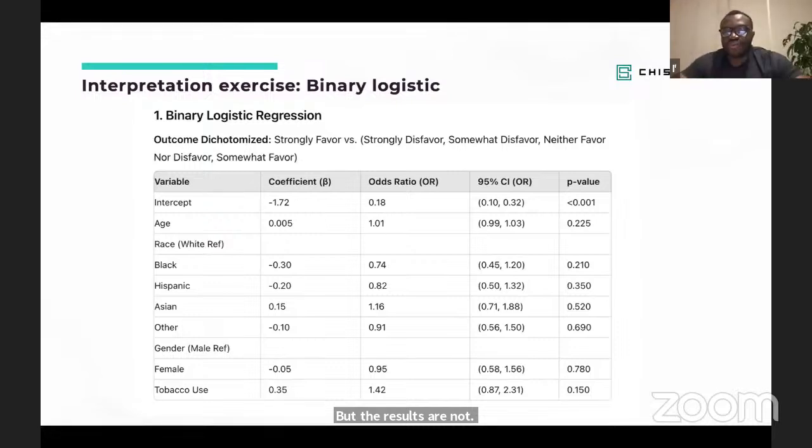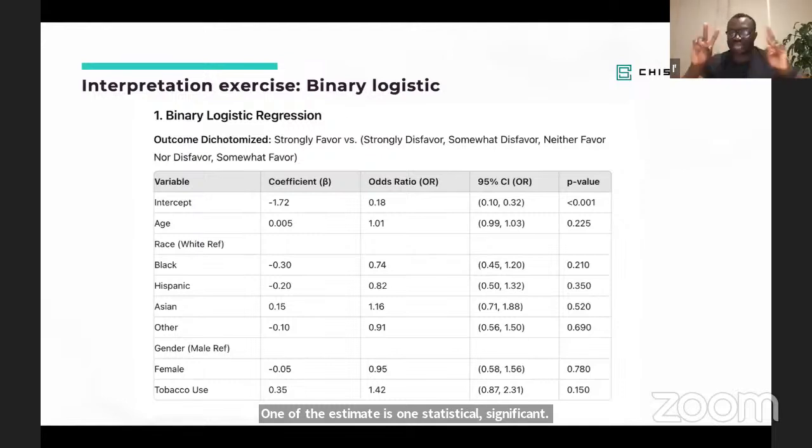Okay. Now, if you're using the absolute approach, the word times must appear in your answer. So 1.01 times higher odds. So if you're going to use the absolute approach, make sure the word times appears. If you're going to use the relative approach, please make sure the word times does not appear in your answer. So we didn't say 1% times higher odds. No, that's wrong.